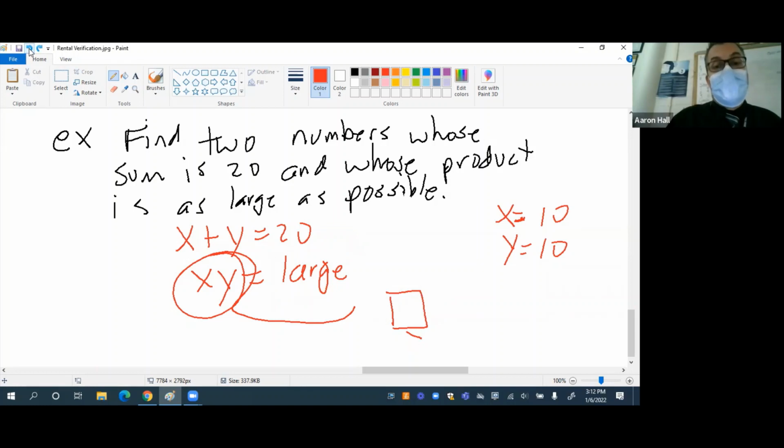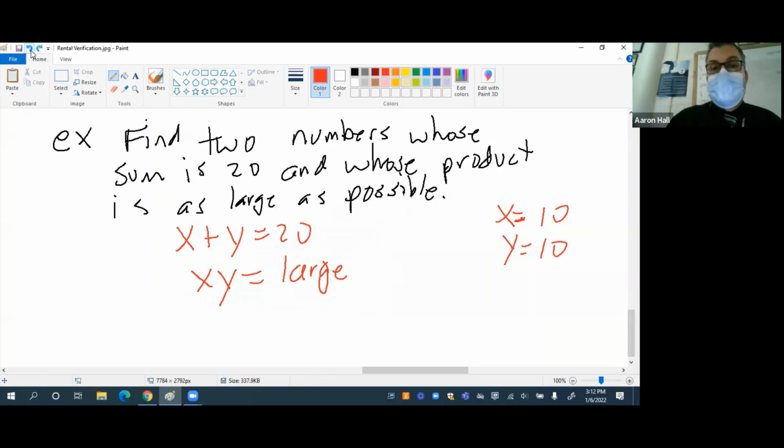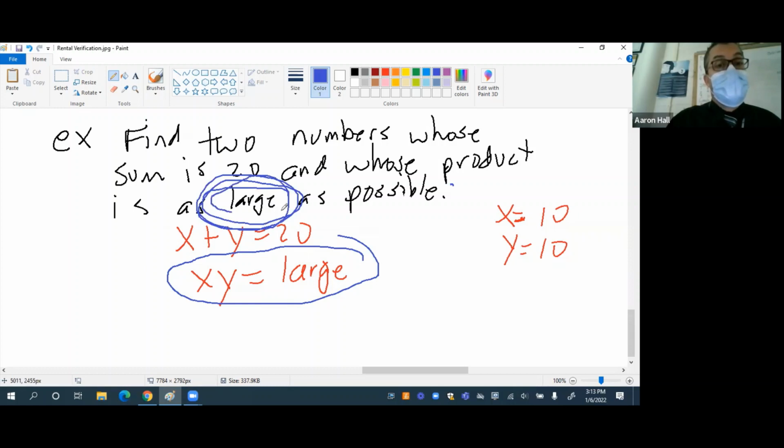Can we figure this out using calculus? What do we do? Which of these do we take the derivative of? The first or the second? Why? It's because we're looking at the product that's the largest. And so that would be our maximum for the product, not the maximum for the sum.